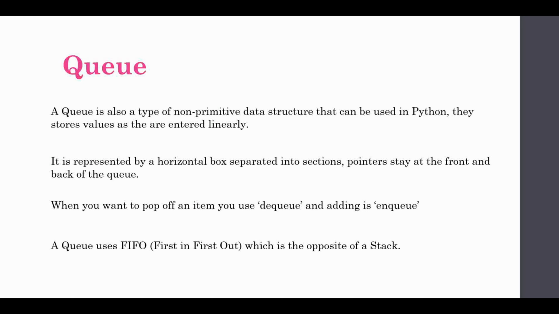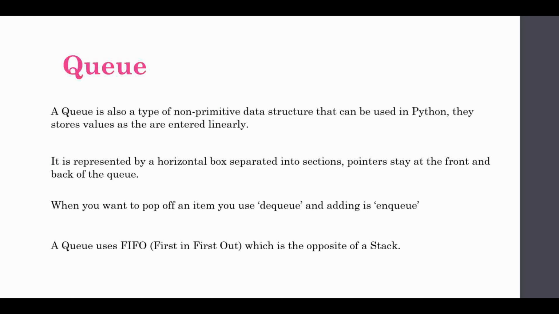A queue is a type of non-primitive data structure that can be used in Python. They can store values as they're entered, but they are stored linearly, not like a stack, which is vertical. It is represented by a horizontal box separated into sections. There are also pointers. Pointers stay at the front and the back of the queue, just to keep track of where the front and the back is.